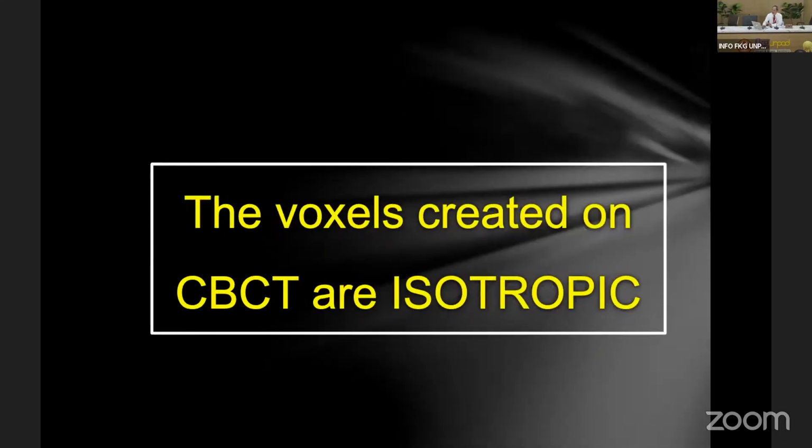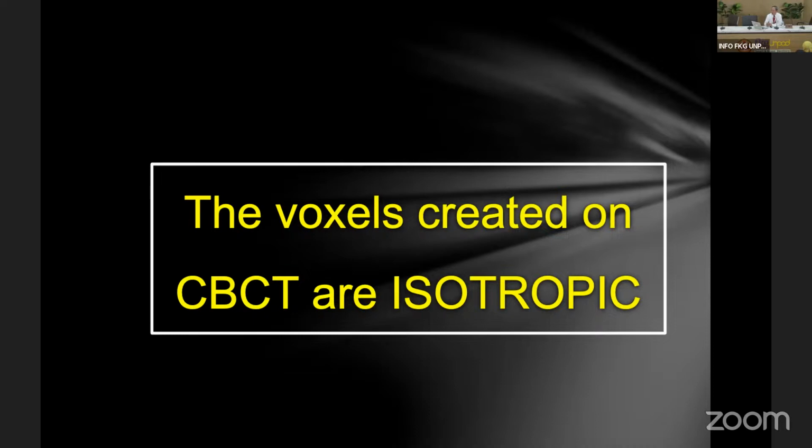Now, compared to medical CT, which is much longer than the combined CT or dental CT, the dental CT, or cone beam CT, has some good features. The voxels created on CBCT are isotropic. That means in all dimensional directions, the voxels have equal distance.